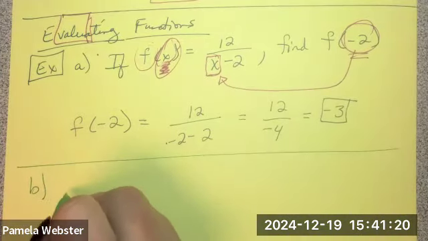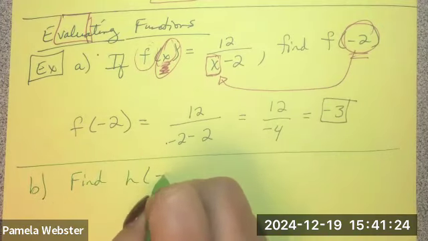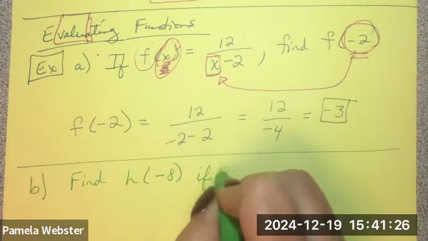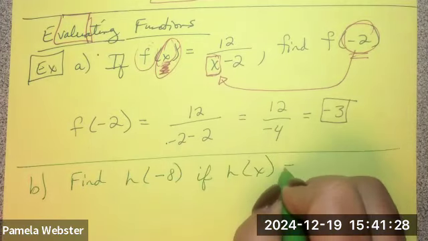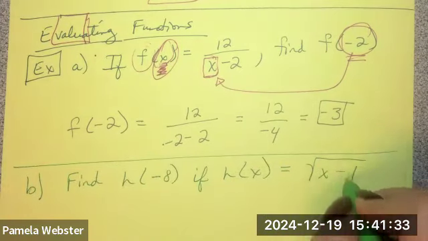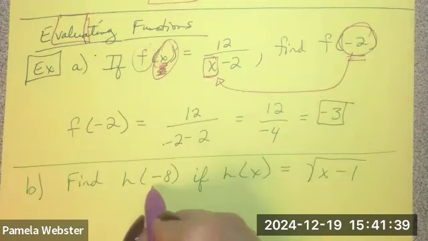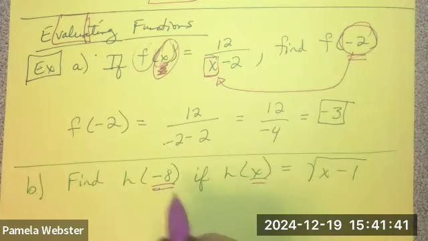B says find h of negative 8 if h of x is the square root of x minus 1. Okay. Again, wherever I see an x, I'm plugging in a negative 8 now. Okay.